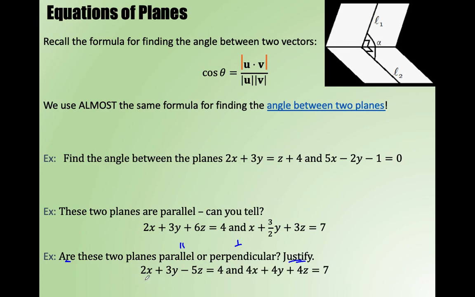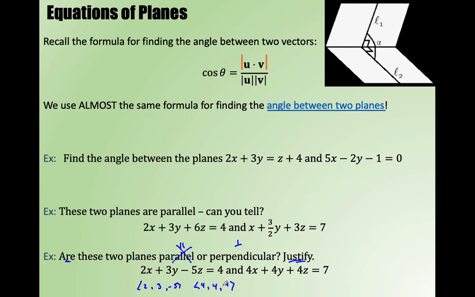Well, the first thing I'm going to do is say, is 2, 3, -5 a scalar multiple of 4? Nope, I can already tell, right? Can you? No, there is no scalar multiple that takes 2 to 4, but then multiplying 3 by 2 doesn't get me 6, and 3 times -5 certainly doesn't get me 4. So not scalar multiples of one another.